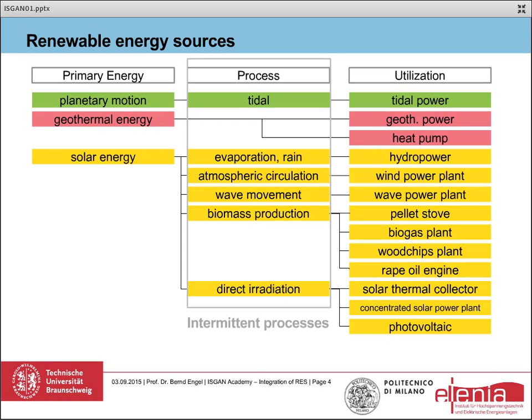Hydropower is the most common source of renewables. Wind power is more and more important. Wave power plants, not so common. Then biomass production is more and more important in the world. In Germany, a lot of biogas plants exist. And then from the sun, we have in some areas of the world concentrated solar plants and more PV, photovoltaics.